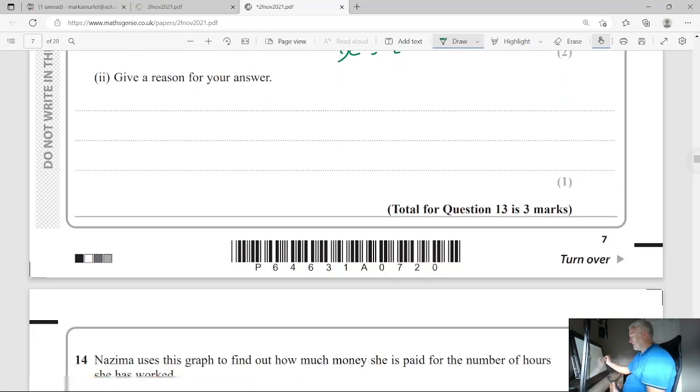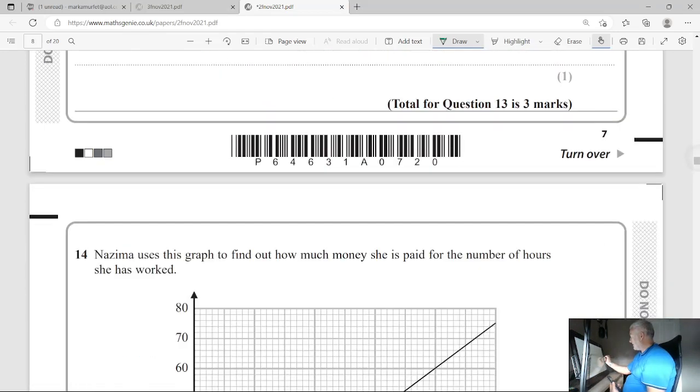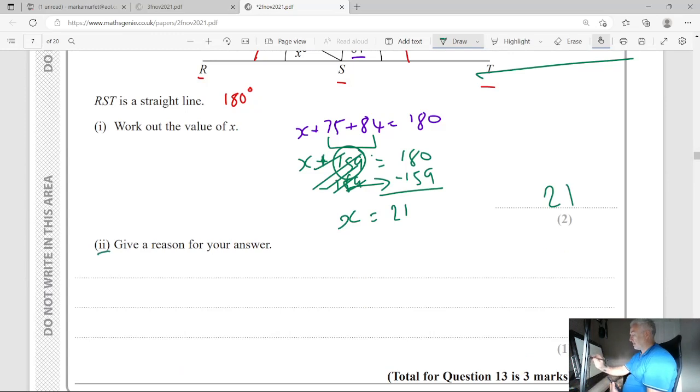So question 2 on this question. Remember, it is the second part of the question, so it relates to what we've seen before. Give a reason for your answer. We've done that bit there, so how can I write that down?